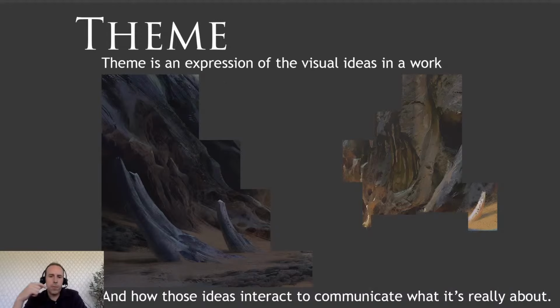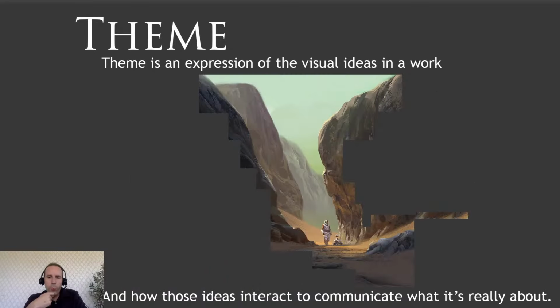You'll notice that this piece actually has two main components: this feeling of danger and death and this hollow, empty quality. And then it has this warm, friendly jaunt in the desert sort of feeling. A little guy there with his rover companion on an alien world.